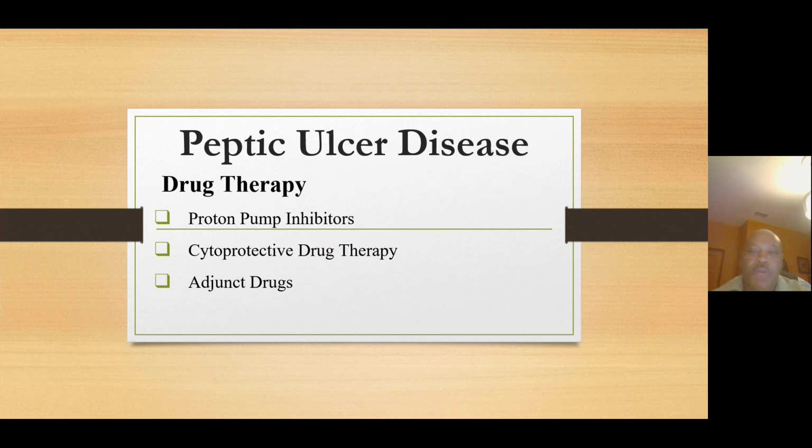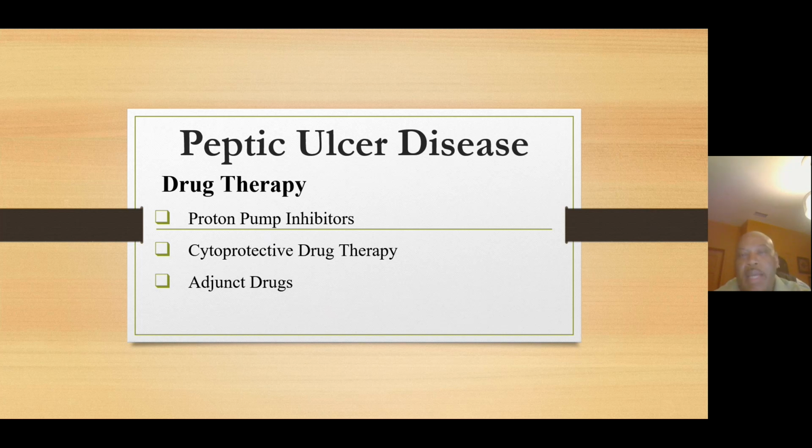All right. Now, as far as drug therapy, we also want to think about, again, your PPI or proton pump inhibitors, your cytoprotective drug therapy, such as your Carafate, and also other adjunct drugs that we will talk about here as well. Now, PPIs are more effective than your H2 receptor blockers in reducing gastric acid secretion and also promoting ulcer healing.